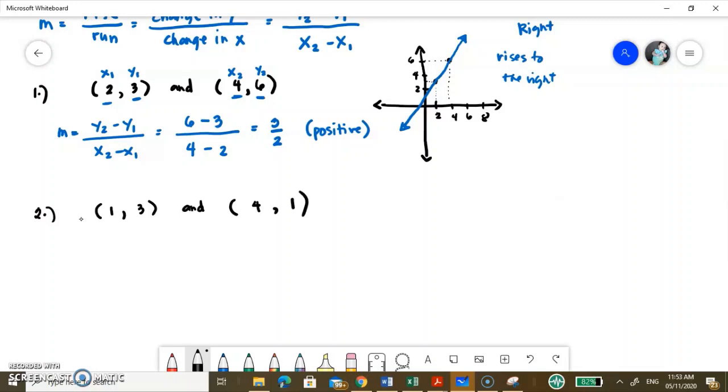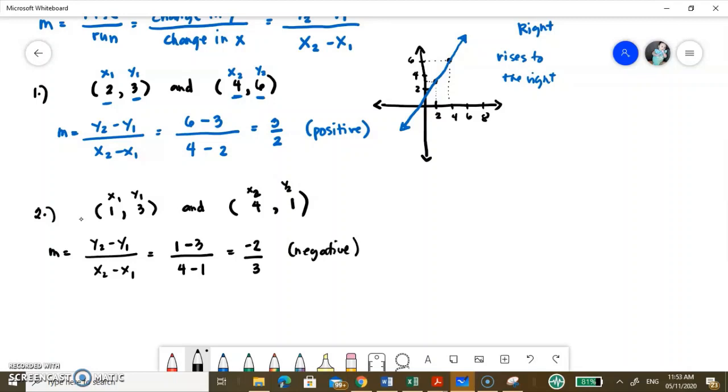So hanapin natin yung slope. Ito ay x sub 1, y sub 1, x sub 2, y sub 2. Following the formula, y sub 2 minus y sub 1 over x sub 2 minus x sub 1. Substitute lang natin. That's 1 minus 3 over 4 minus 1. So that's negative 2 over 3, right? So negative yung slope natin.